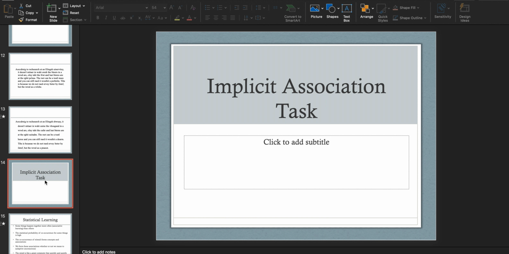It's me processing information based on the regularity of their association. It's attention, but it's not intention. It's not this active thing. I'll be forming concepts based on my exposure to this, but I may not be aware of my exposure to it.